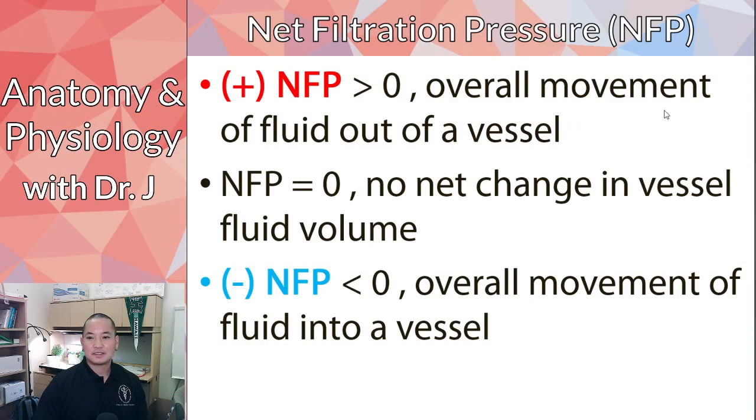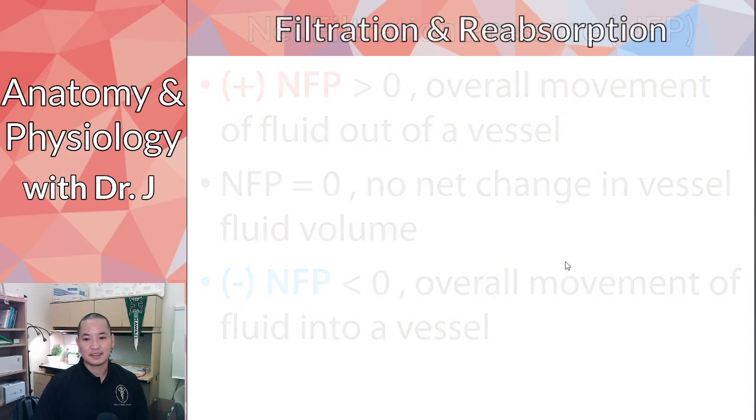What I want you to know is how to calculate net filtration pressure. If I give you CHP and BCOP, can you calculate the net filtration pressure? Can you calculate whether you're going to have overall movement of fluid out of a vessel, or overall movement back into a vessel? Will it filter or will it reabsorb?